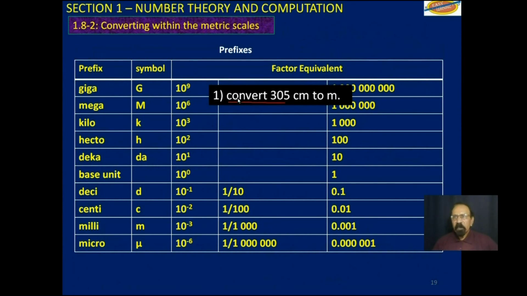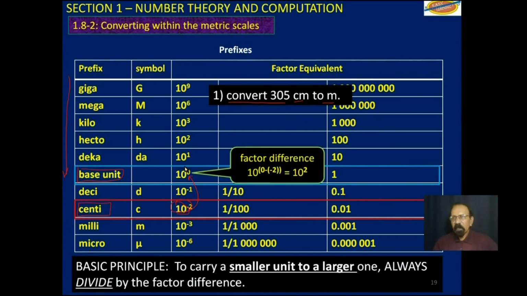We want to convert 305 centimeters to meter. You would see centimeter is down here, and the base unit, which would be meter, would be here. So we are going from here to there. What is the factor difference? The factor difference is 10 to the 0 minus negative 2, which gives us 10 squared. We are going from a smaller to a larger.